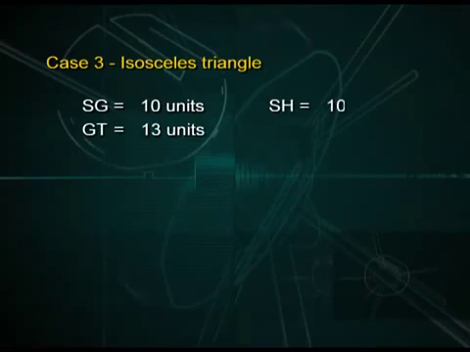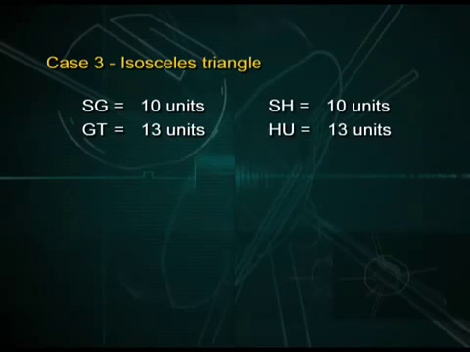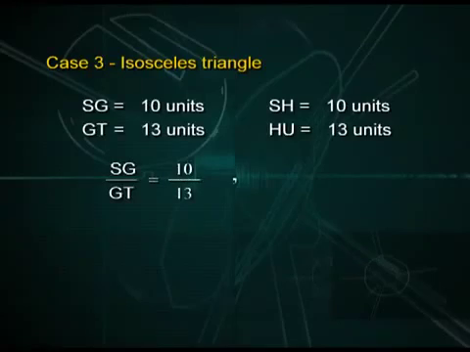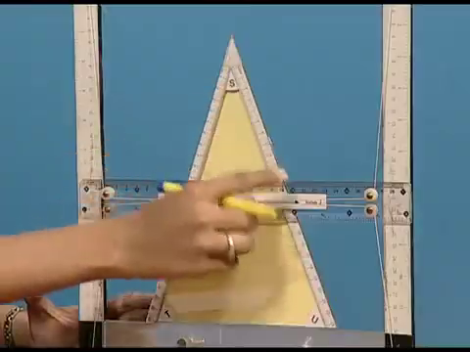SH is also 10 units and HU is also 13 units. So, it is clear that the ratio of SG by GT is 10 by 13 and also the ratio of SH by HU is 10 by 13, which again shows that the other two sides are divided in the same ratio.